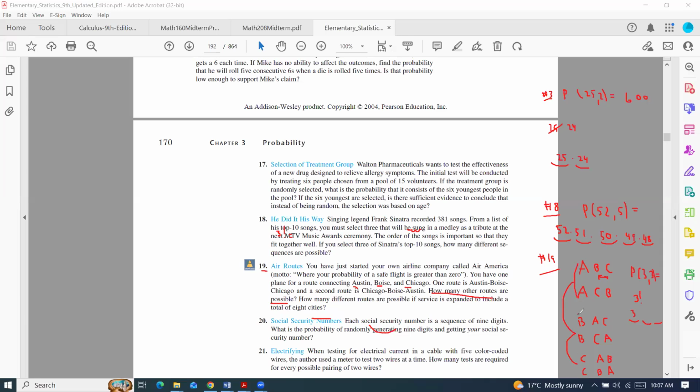One was A in the first place, the other was B, and the third was C, right? And then in the second position, I have a choice of 2 letters, because I can put either B or C or switch them around. And finally, for the last place, I can only use 1. So looks like this is going to be 6 for the answer.